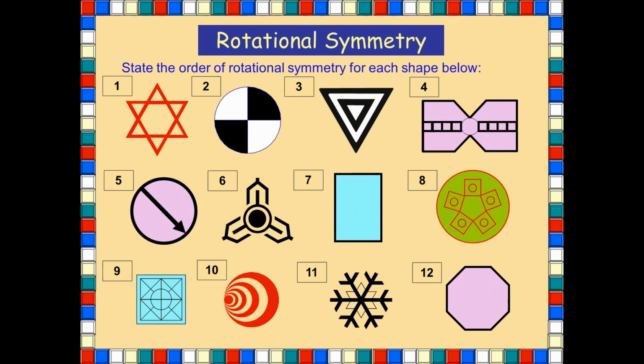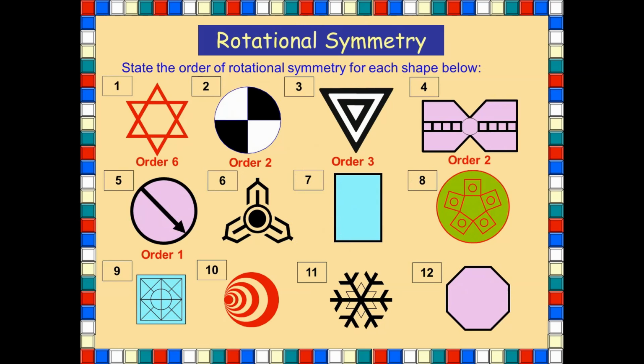Okay, so you might want to pause the video at this point and just have a quick look through these and see if you can figure out what order of rotational symmetry they are. Number 1, order 6. Number 2, order 2. Number 3, order 3. Number 4, order 2.